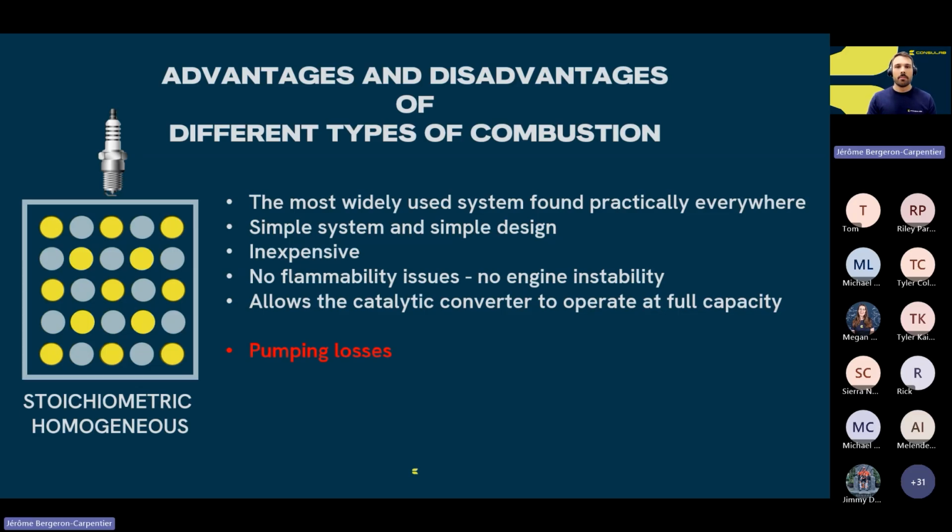But again, we have some disadvantages. We have some pumping loss due to those homogeneous stoichiometric combustions. Pumping loss is related to the amount of air that can be injected inside the cylinder. Because we want to keep that stoichiometric ratio, we have to create some restriction for the air to enter the engine, and we do it with the throttle body.